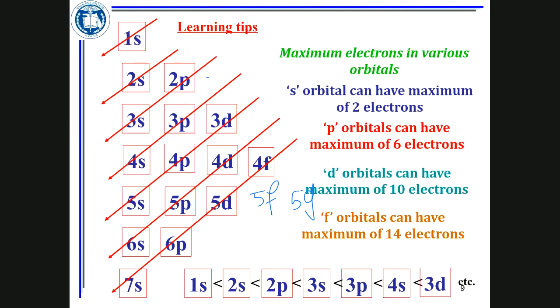Based on the Aufbau principle, if you look at this line going diagonally, that determines which orbital is going to have less energy and which one is going to be filled up first. So let's take an example of bromine with 35 electrons.